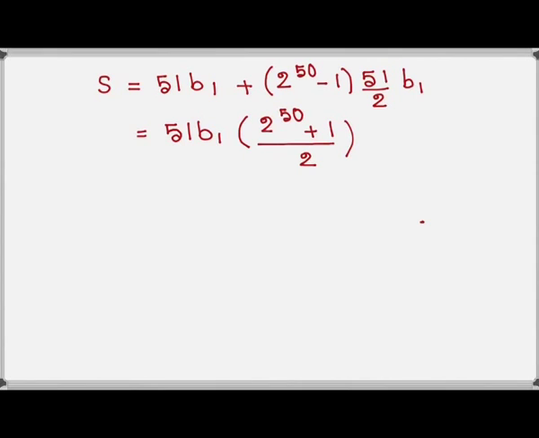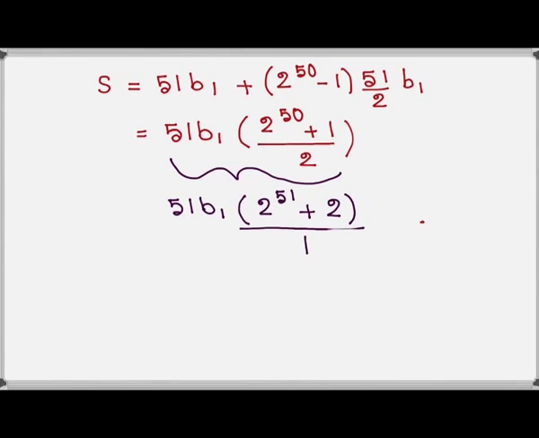To compare with T, we write this one as 51 b1 into (2 to the power 51 plus 2) divided by 4.